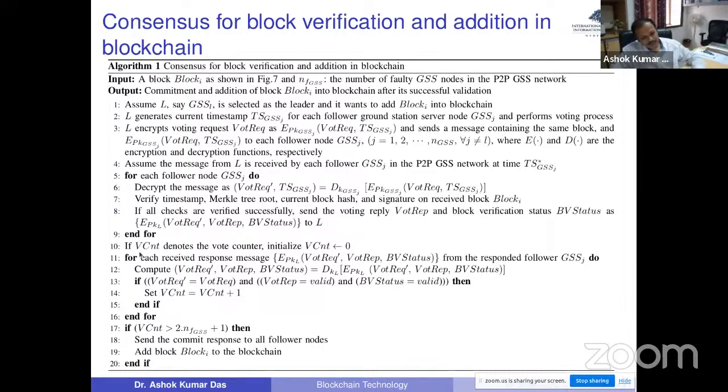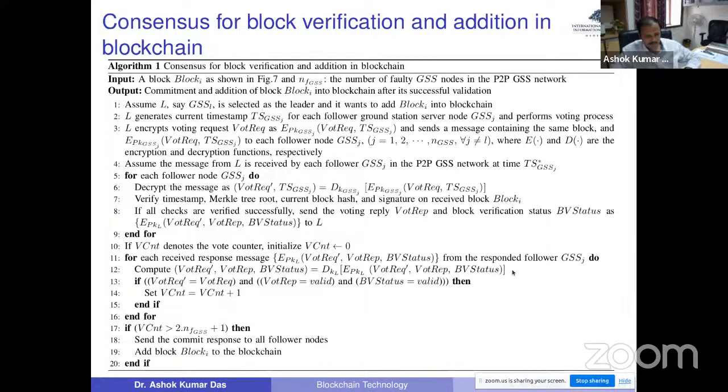So let us assume that V count denotes the valid voting responses, and it is initialized to 0 by the leader. Now for each response message received from the responder followers at GSSJ, the leader will decrypt this voting response message using its own private key.